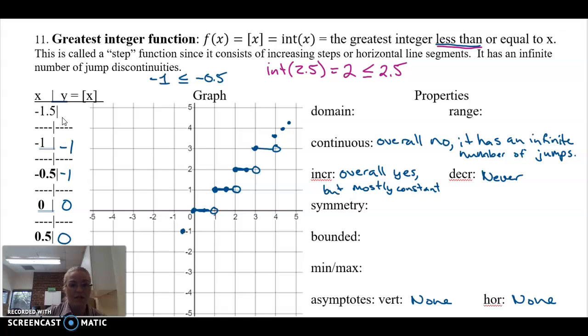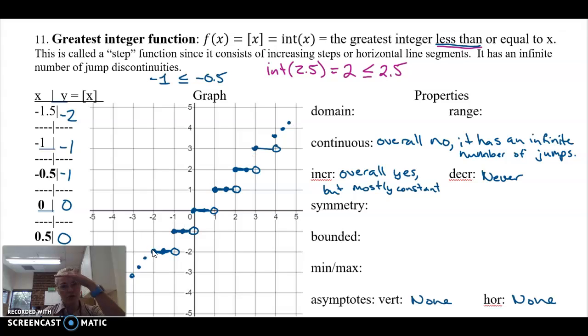Negative 1, clearly negative 1. Negative 1.5, that's going to be negative 2. So open dot, solid line, dot here. Negative 1.5 gets plotted down to negative 2. Negative 2 is going to be negative 2. And so we see the same pattern, and I'm going to go dot, dot, dot to indicate it continues.